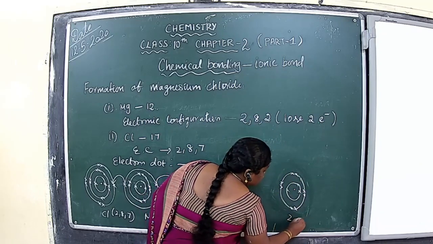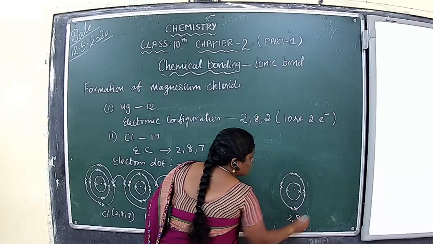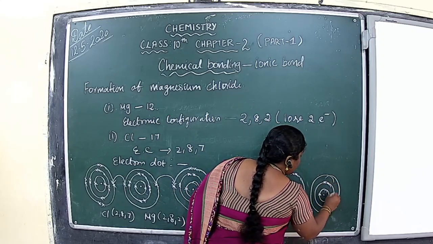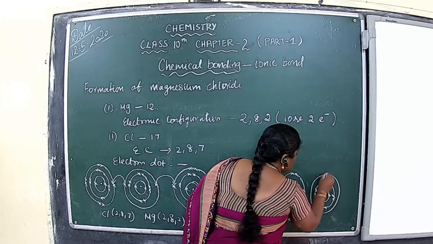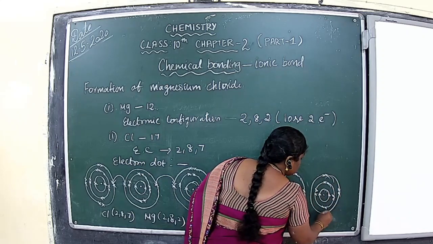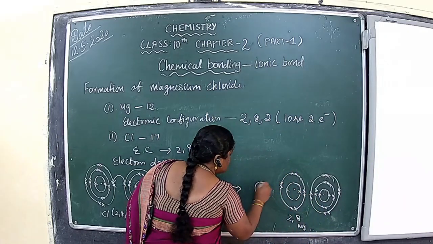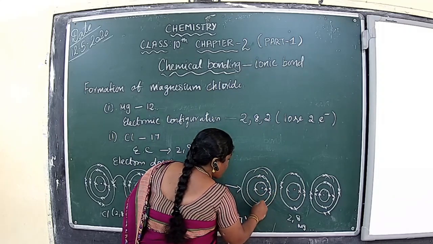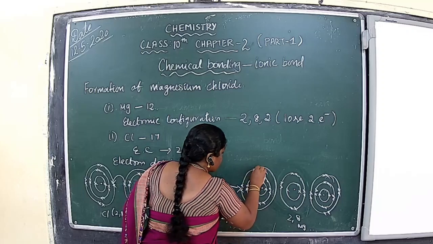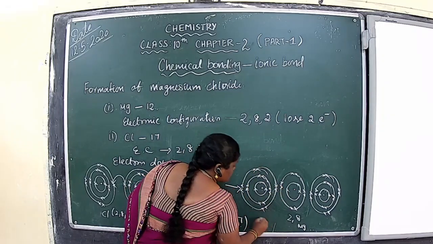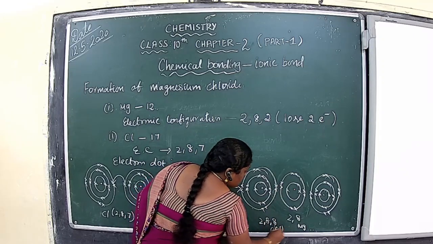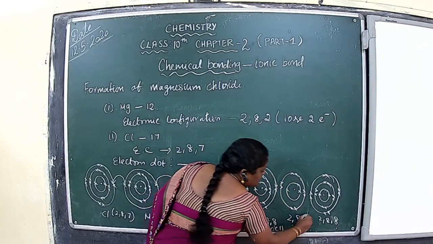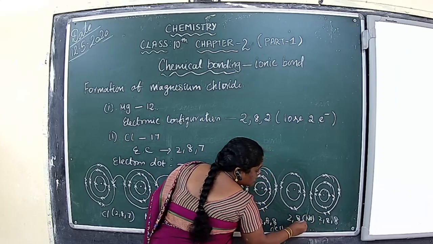Then magnesium becomes 2, 8, and each chlorine has 2, 8, 8. The nearest noble gas of magnesium is neon, 2, 8, with last shell 8.